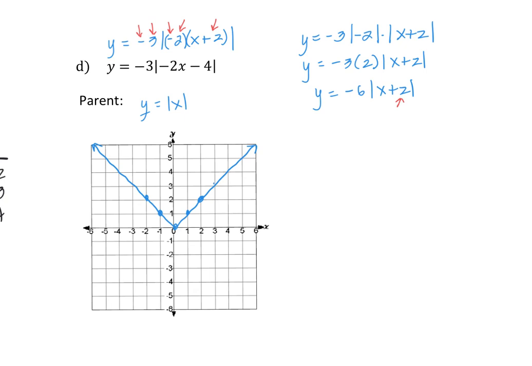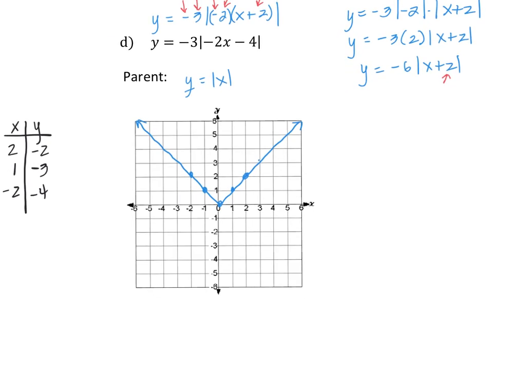And then the plus 2 means I'm going to move over to the left 2. So 0 to negative 2, negative 1 to negative 3, and so on. It looks like I have this graph, which would be my first transformation. And then I have a 6 on the outside.